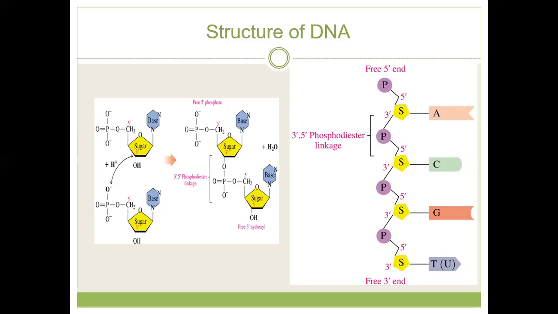While forming complementary base pairing with adenine, adenine complements with what? With thymine, sir. Yes, adenine complements with thymine, and then cytosine will complement with guanine. Guanine complements with cytosine, and thymine complements with adenine.